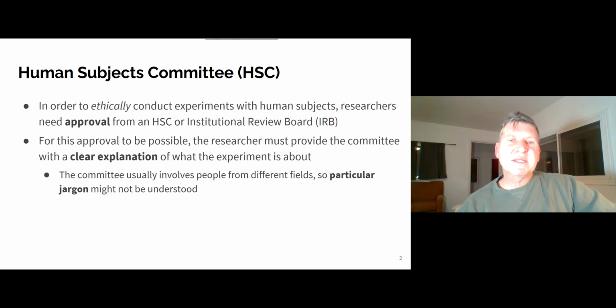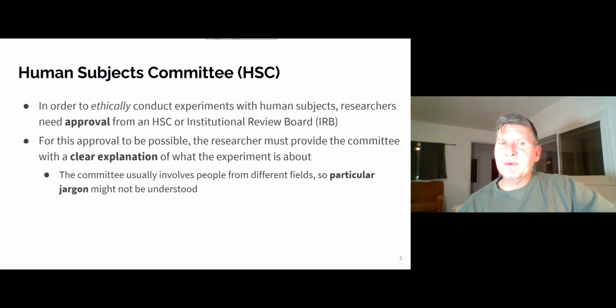Now, the committee is typically made up of people from different backgrounds. So when I was part of the HSC, we had people from psychology, from computer science, and from other fields like sociology. Each of those have terminology that they use that may differ from what we have in HCI.